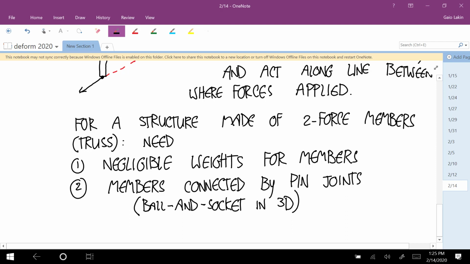And again, that doesn't mean that you can't use the truss simplification if the members have any weight. Obviously, everything has weight. It just means that the forces that are going to be applied to these members need to be big compared to the weights of the members so that it's reasonable to neglect the weights. Mathematically, you have to be able to set them to zero.